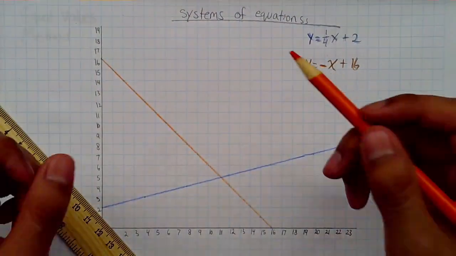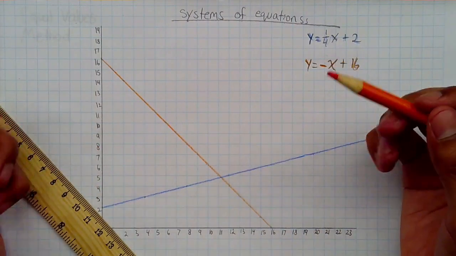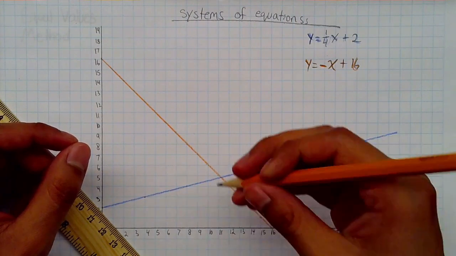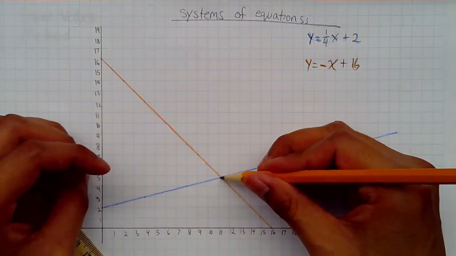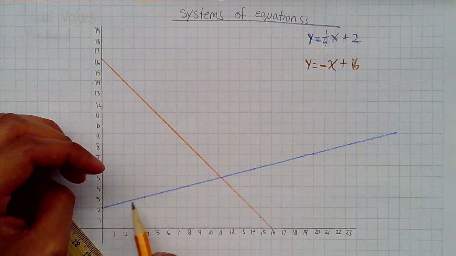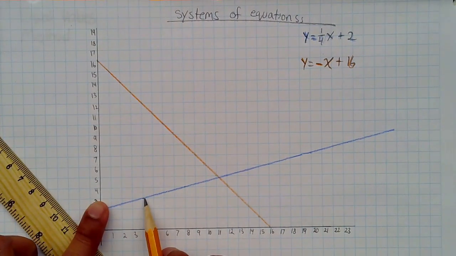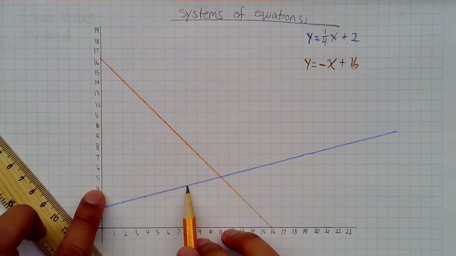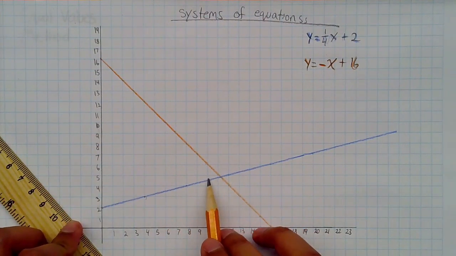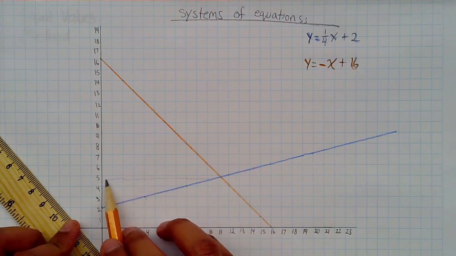Let's take a look. This blue line has a height of 2 over here, then a height of 3 over here, then a height of 4, and then I don't really know what the height is, but it's somewhere between 4 and 5.